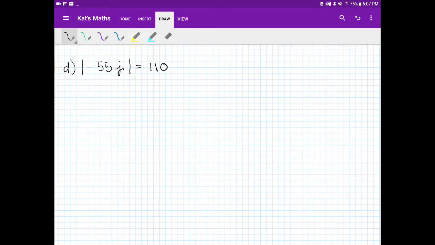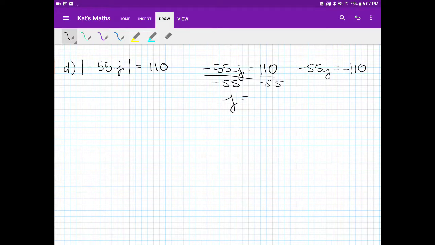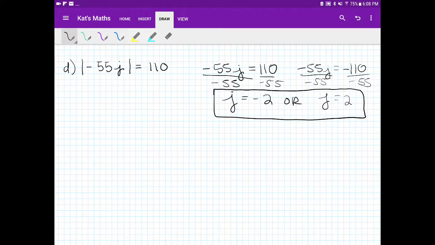And then on this last one here, we've got negative 55j is equal to 110 or negative 55j is equal to negative 110. Divide by the negative 55. j is equal to negative 2. Here we divide by that negative 55. j is equal to 2. So in this case, you have j equals negative 2 or j equals 2.